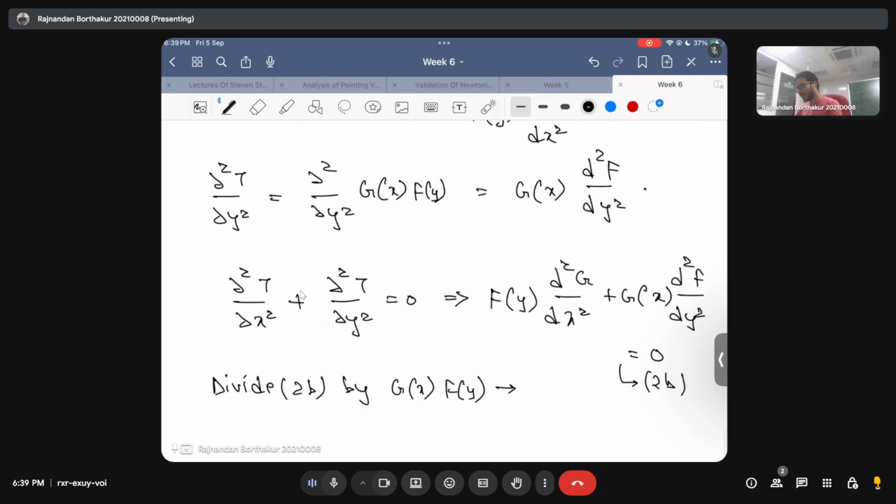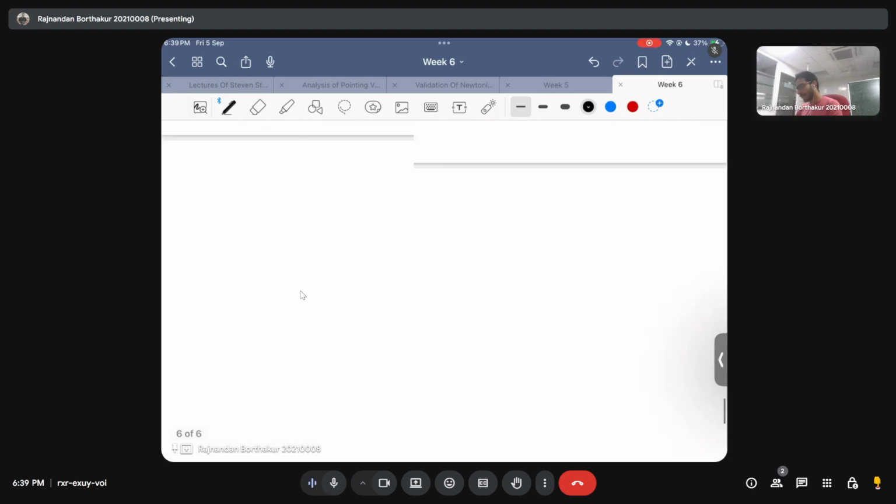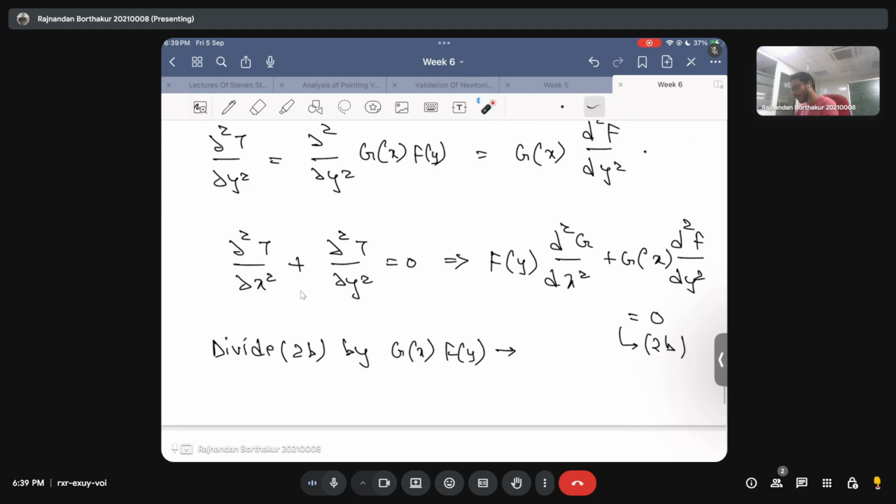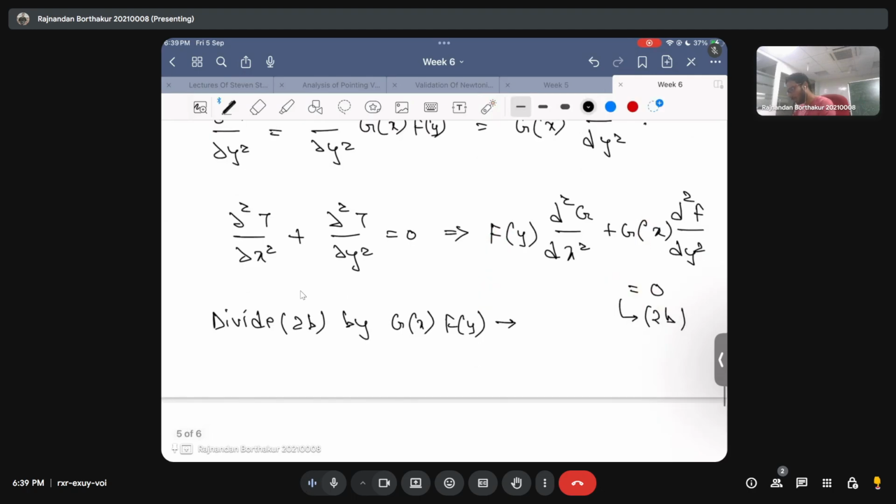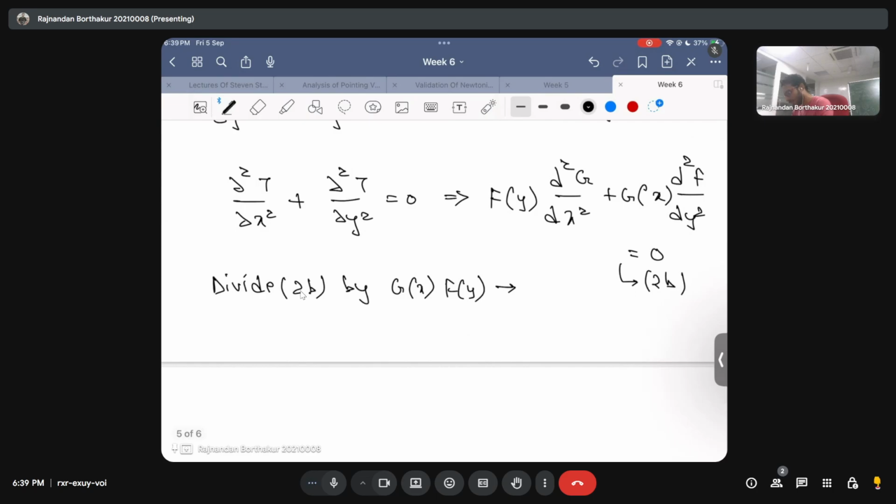And when you do this, you can see that in the first term, since you are dividing by f times g, the f and f will cancel, and in the second term the g and g will cancel. And you can see that we are basically getting a term like 1 by g of x times d2g by dx2 plus 1 by f of y times d2f by dy2, and this is equal to 0.